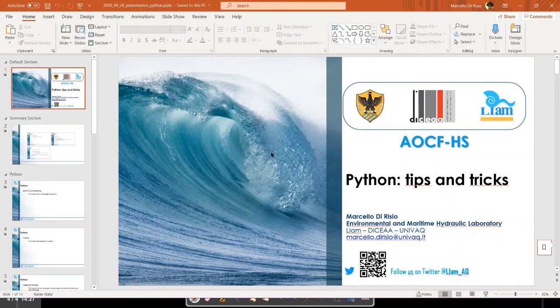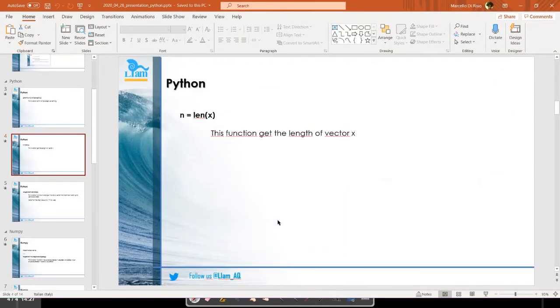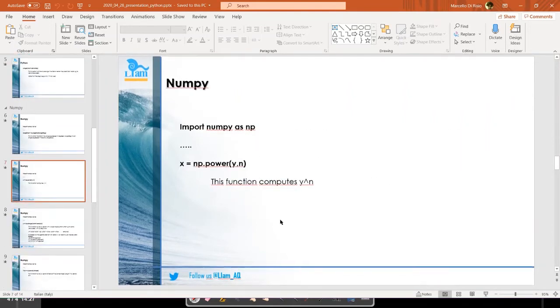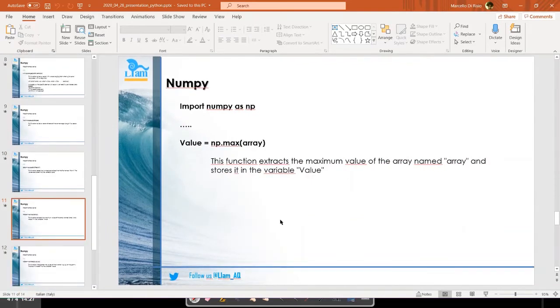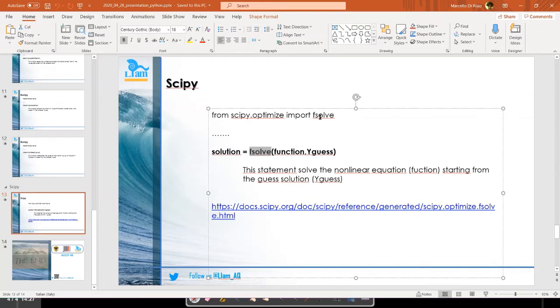Indeed, if I come here, this is our presentation in which we brought some useful information, and as you remember, we used fsolve, just for example, to solve the normal flow equation, the critical state equation, the standard method.